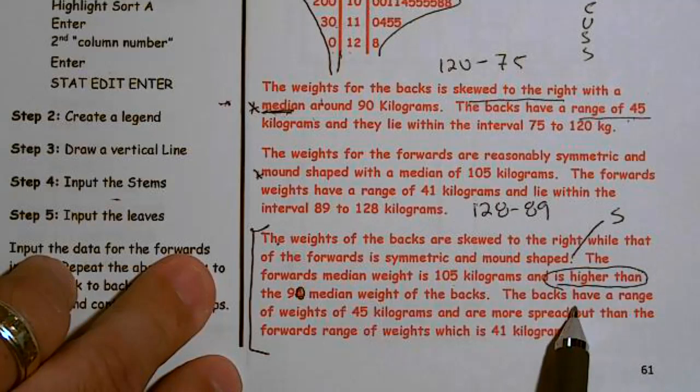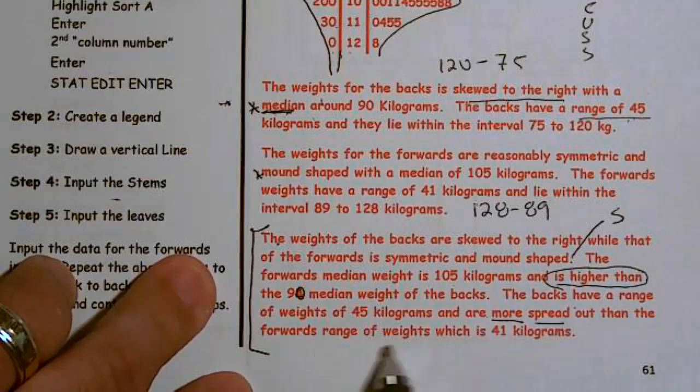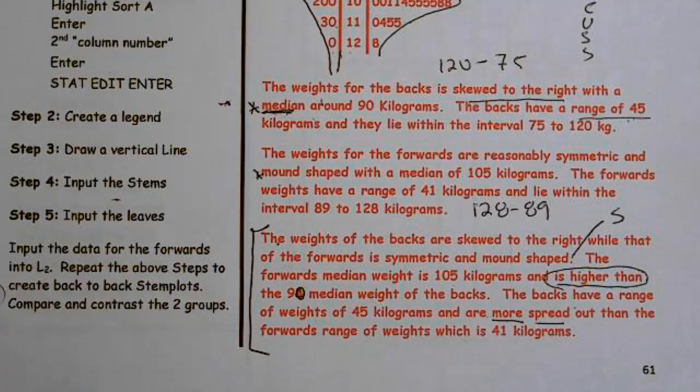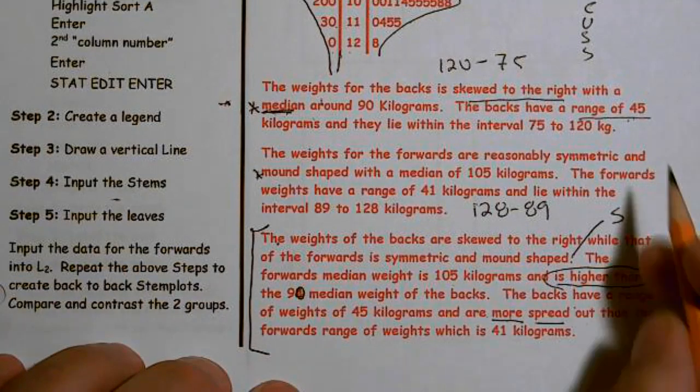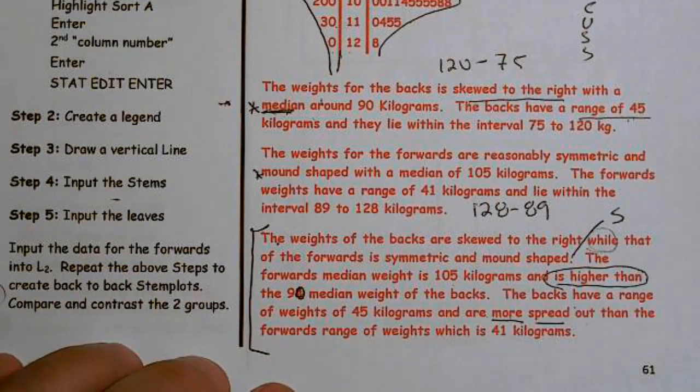The backs have a range of 45 kilograms and are more spread out, so more spread than the forwards weight, which is 41 kilograms. Really important that you use comparison words. I used more here. If I swapped the order, it would have been something like less. And by the way, you can use while for comparing shape, but not for comparing numerical values. All right, so that's really important.